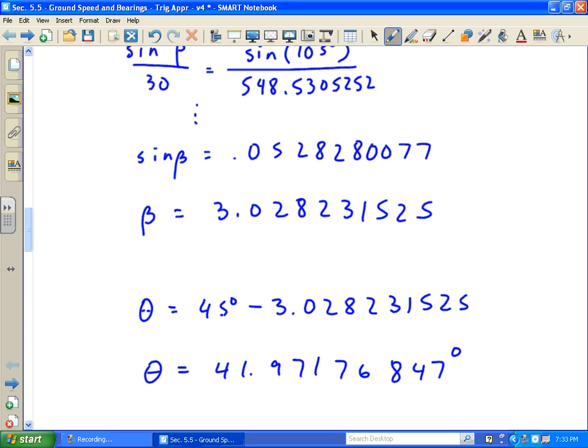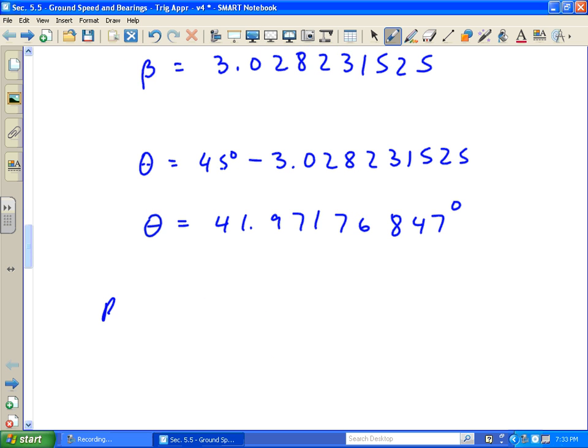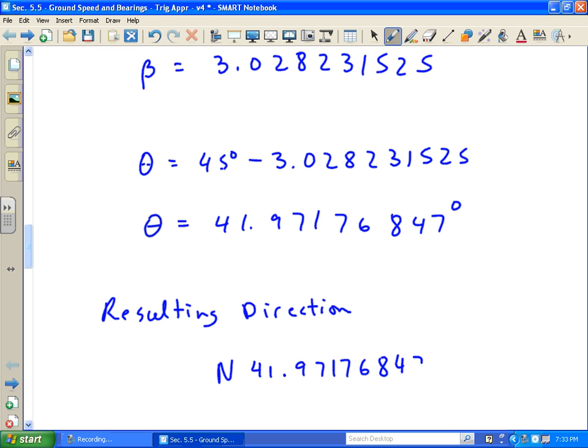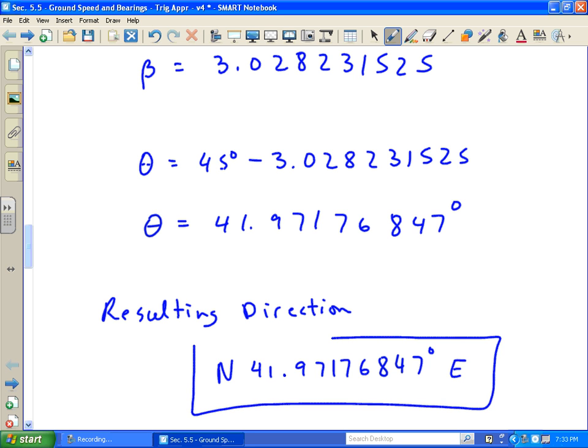The question was, what's the resulting direction? And so I would say that the resulting direction would end up being from the north line 41.97176847 degrees, and that was towards the east from our drawing up above.